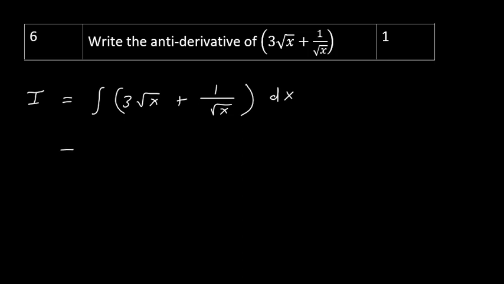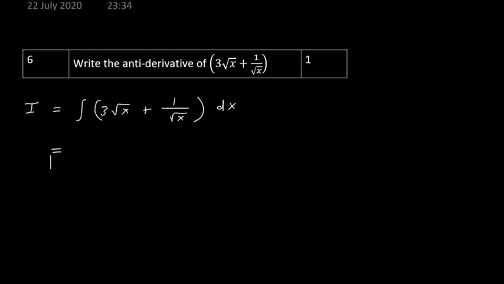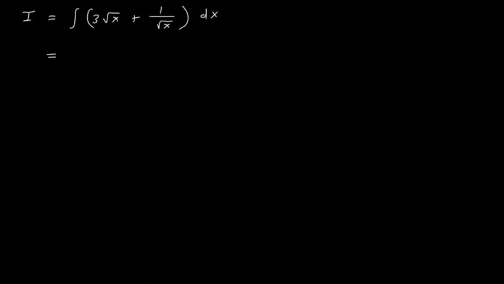So I will write this as, in the form of index, integration of 3 root x, which I will write as x power half, into dx, plus x power minus half into dx. Now this becomes 3 into x power half.